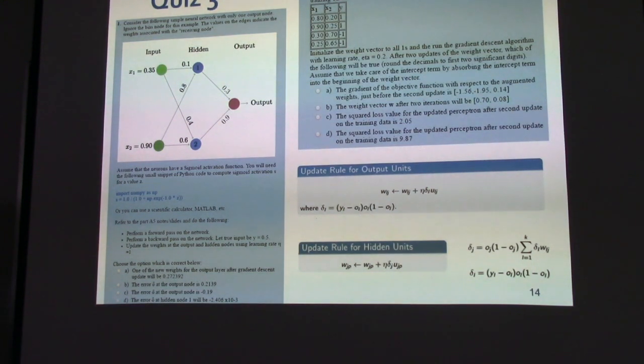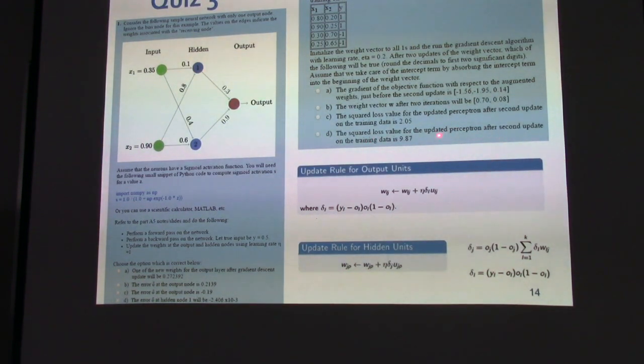I have a question. In question 2, how to calculate the square loss value? For example, in choice D. Yeah, the loss value is calculated from the feed forward process. Here you need to be careful.